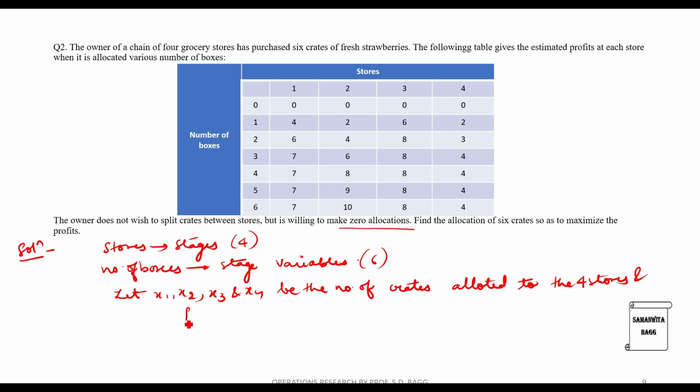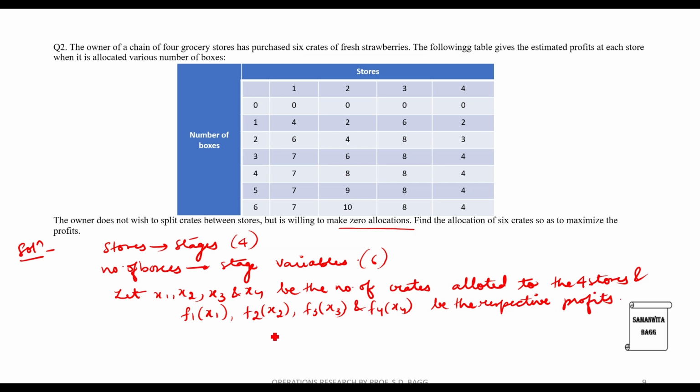and f1 x1, f2 x2, f3 x3 and f4 x4 will be the respective profits.